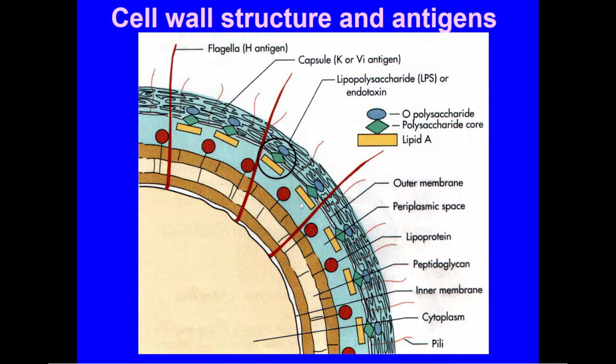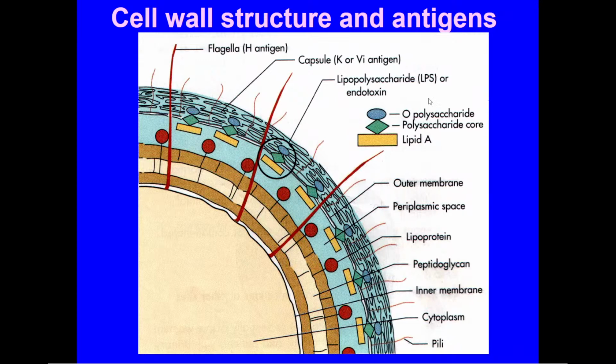There's one plasma membrane, then another membrane, and that is the periplasmic space. Then outside the inner membrane and peptidoglycan, on top is the second, outer membrane.